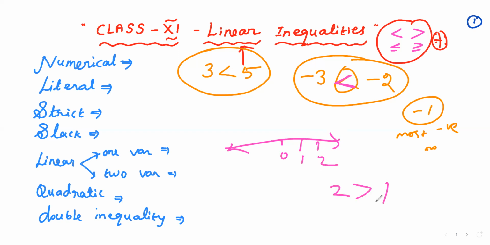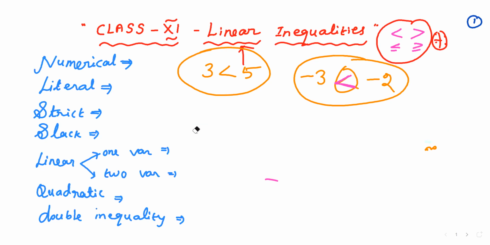On the number line, 2 is greater than 1. But on this side, tell me, minus 1 is the most negative integer here. These are the basic things you should hope you all know. Okay, these two are numerical inequalities.